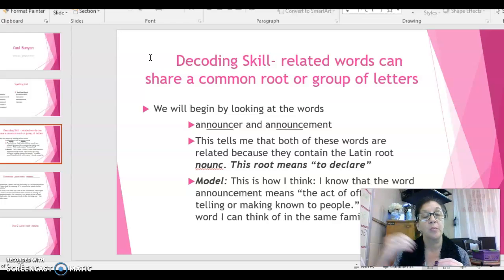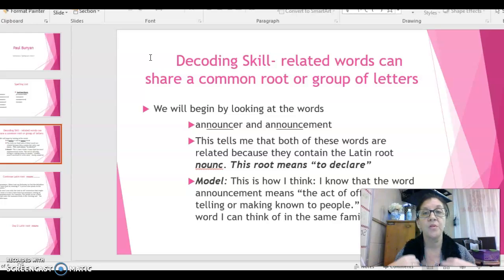I can look at a prefix, a root word, and a suffix, and identify what those parts mean so that I can put a word back together and get the meaning, which makes me a better reader, and I'm able to learn more vocabulary words, which increases my knowledge. This lovely brain power up here.